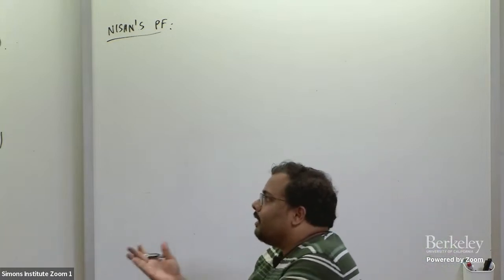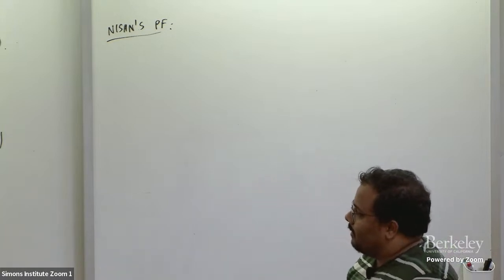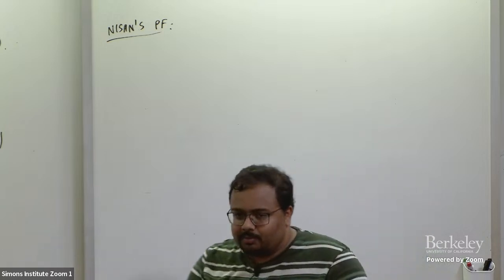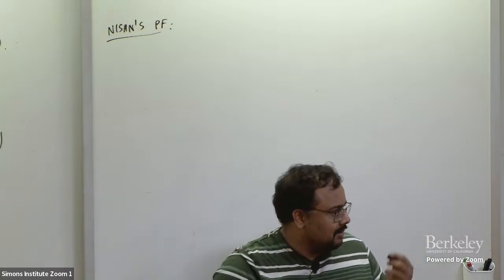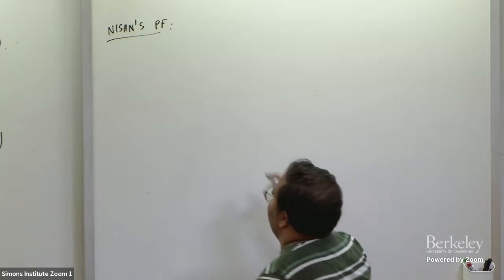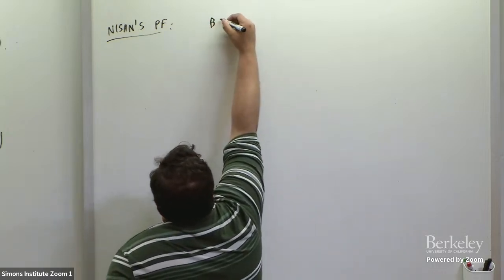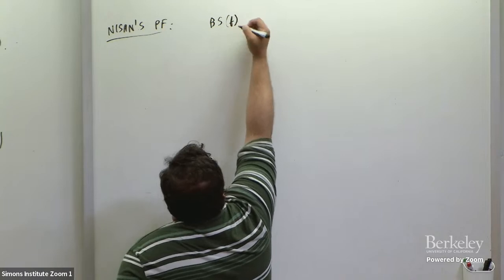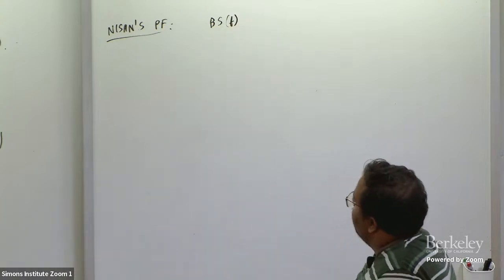So in my opinion, at least, the key technique used in Nisan's proof is his definition of this combinatorial quantity called block sensitivity, which I'll define.